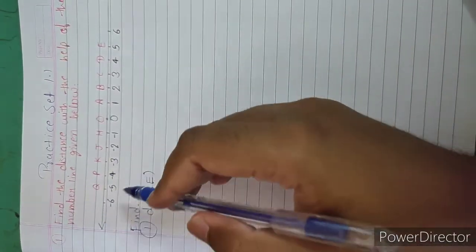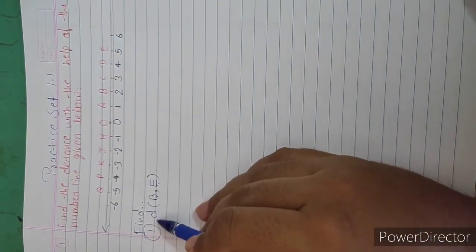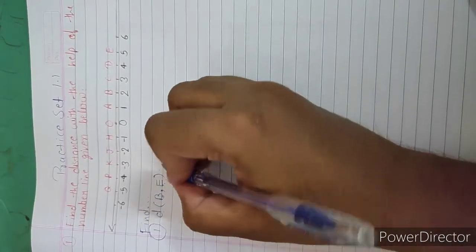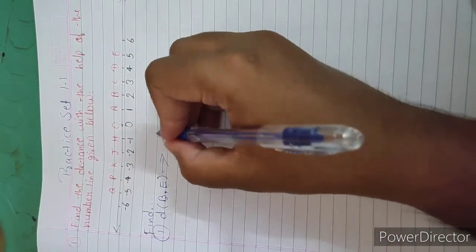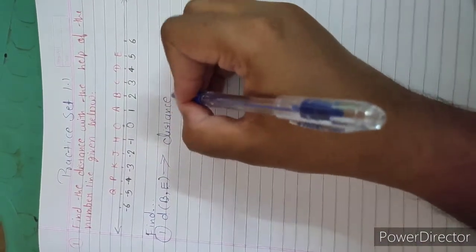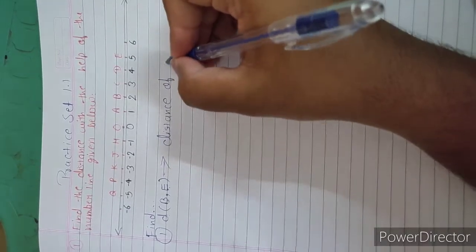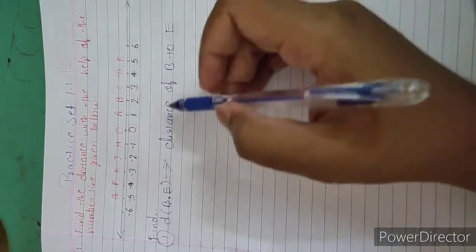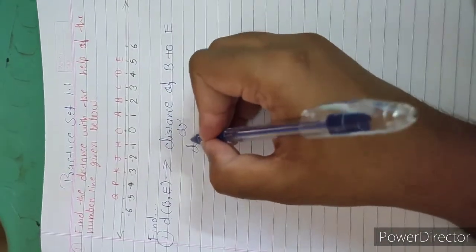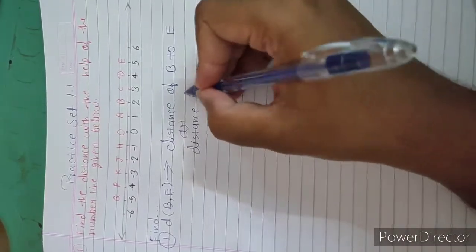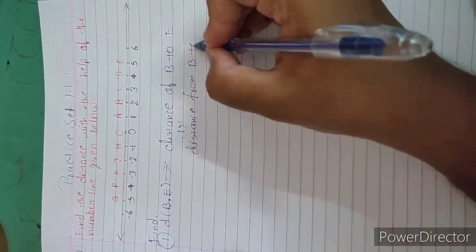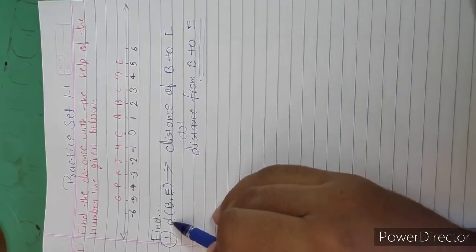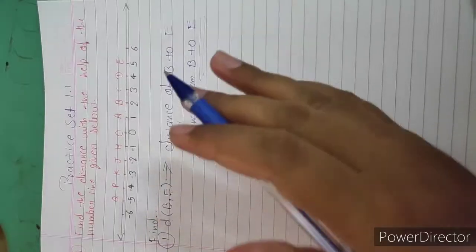Okay, then the first question is written as d(B,E). How do we read it? It reads as distance of B to E, or distance from B to E. Okay, in the given question there is no number we are seeing.